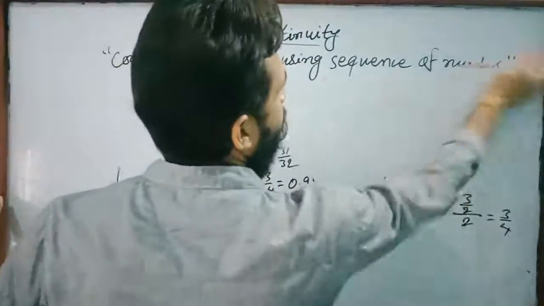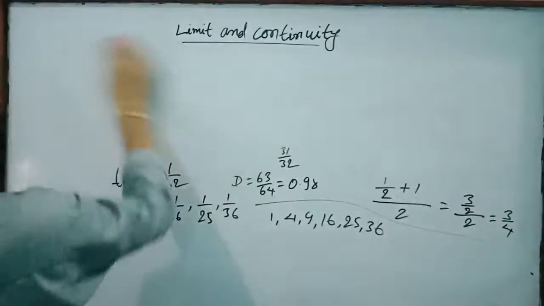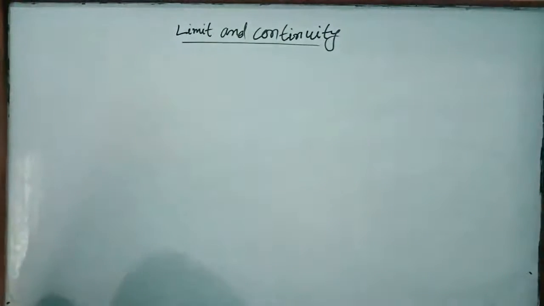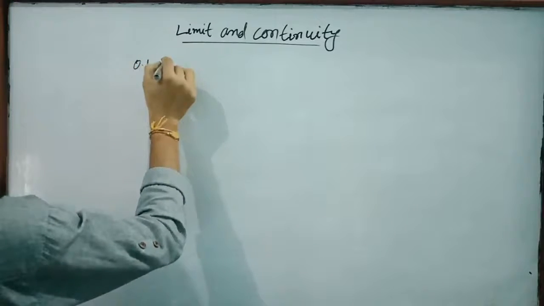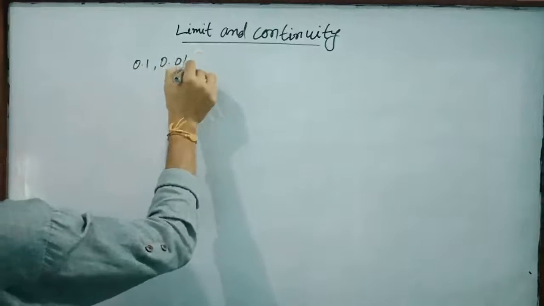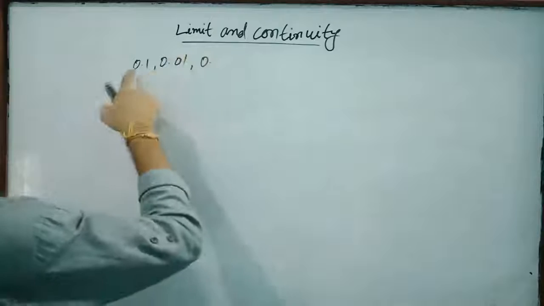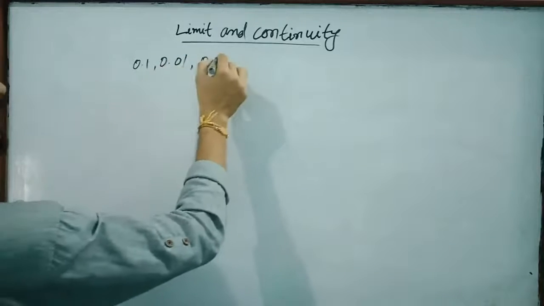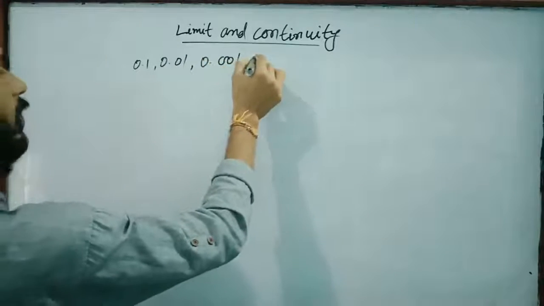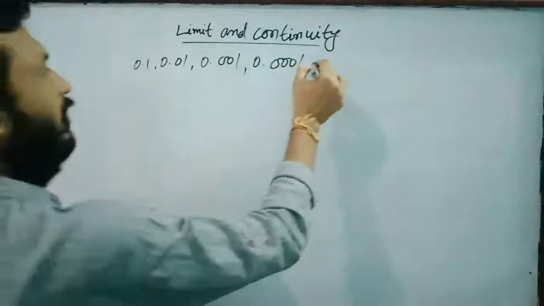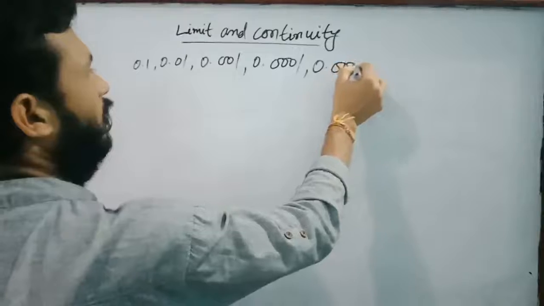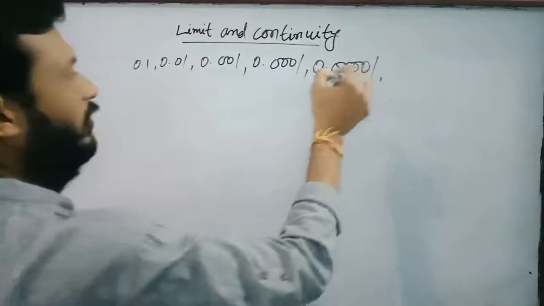Okay, let's see. Here we have some sequence. Suppose we have 1, 0.1, 0.01, then 0.001, then 0.0001, understood?